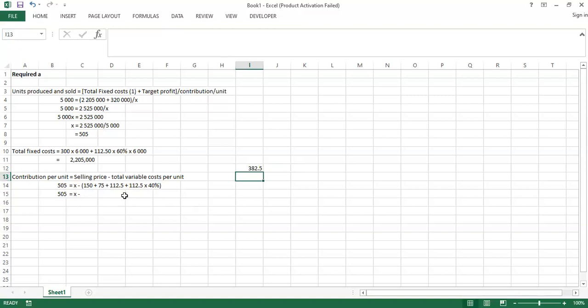So that gives us 382.5. So we get that amount there. We want to remain with x on one side, so we can take this 382.5 over the side there. So that would be 505 plus 382.5 is equal to x.